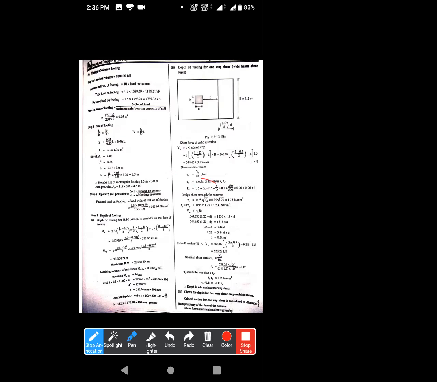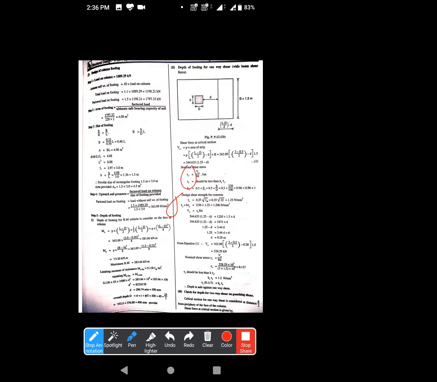Ks, you know, is 0.5 plus beta c. Beta c is nothing but the short length upon the long length of your column. Now cross-check, you can see that your tau c is coming 1.200 Newton per mm square.